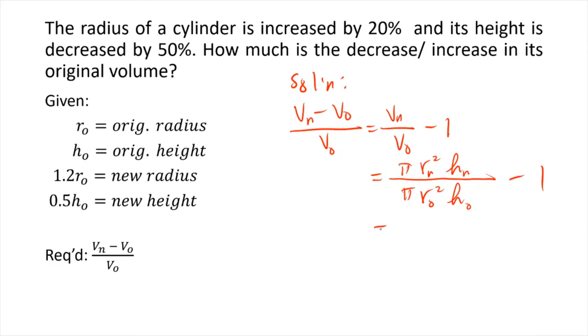And then using the given conditions that the new radius is equal to 1.2 RO, so 1.2 RO squared, and then the new height is 0.5 HO. This is all over pi RO squared times HO, minus 1.